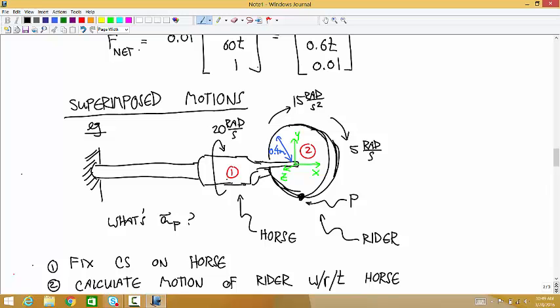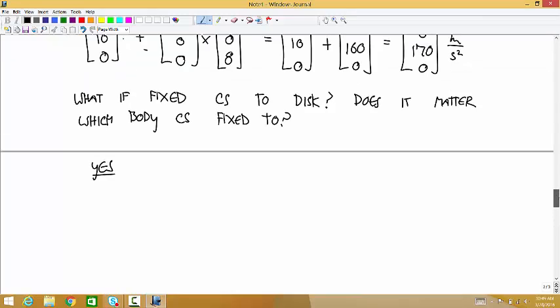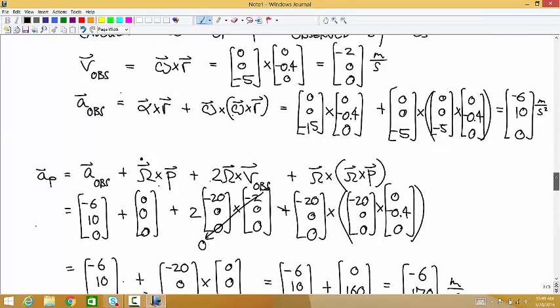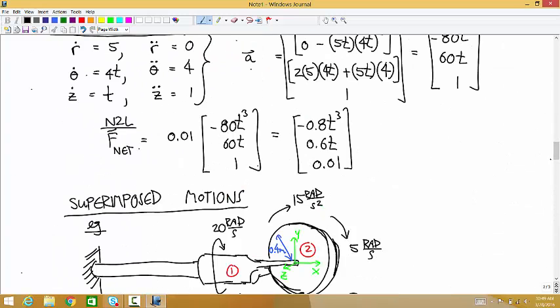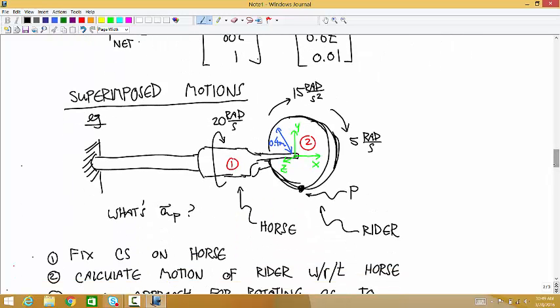Yep. So if you had, let's say where it's in the wall, if that was spinning as well, you still do the farthest out one? So if you had 3 things that were spinning, you would have to back your way out piece by piece. So you do what we just did, and that would give you the observed acceleration in this new coordinate system, and then you'd have to account for that rotation.